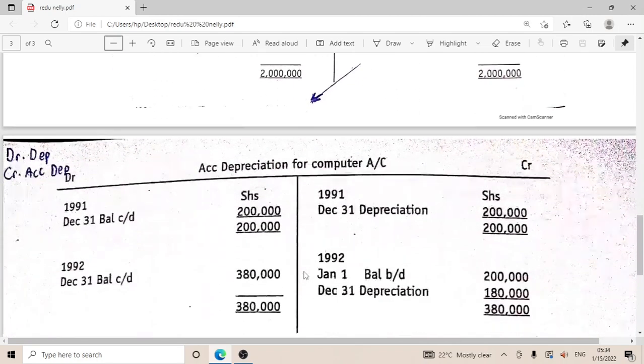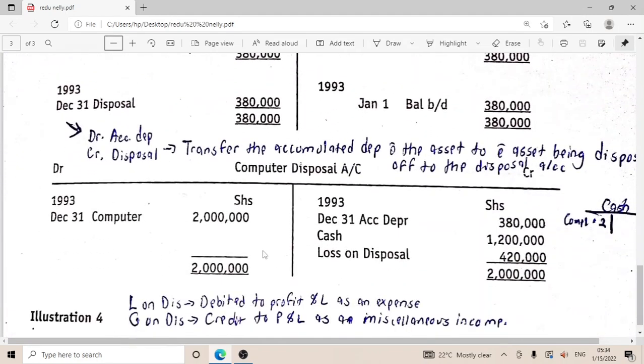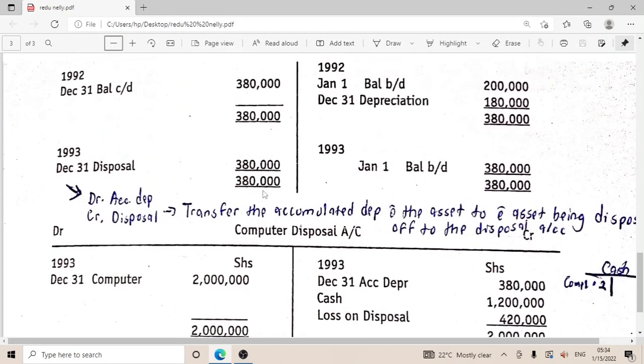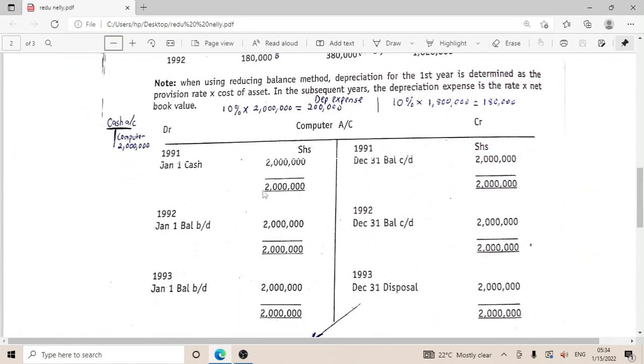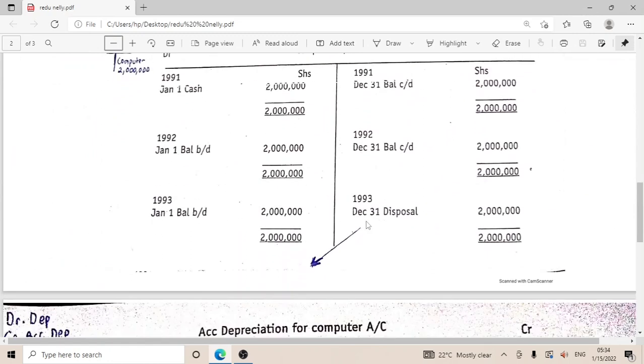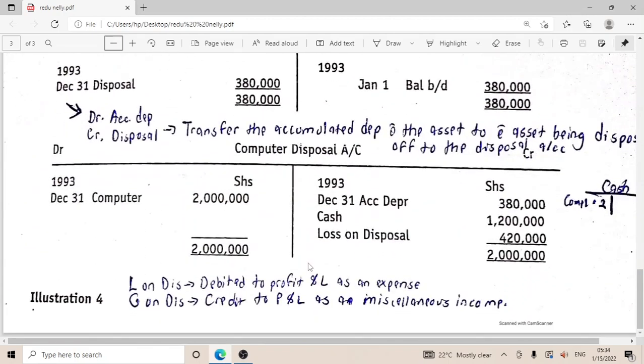If we were to draft a disposal account somewhere, this is the figure you're seeing here on the debit side, because on the computer account it was recorded on the credit side. Upon taking it to the disposal account, you treat it as 1993, December 31st, when you are disposing of this asset, and you took this amount on the debit side.